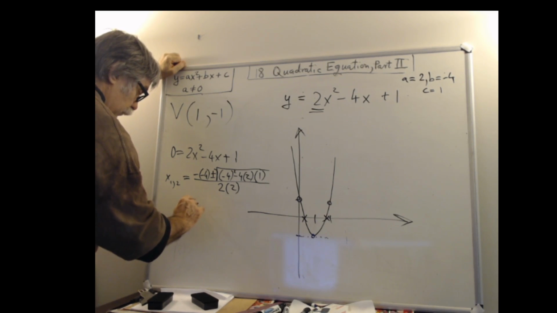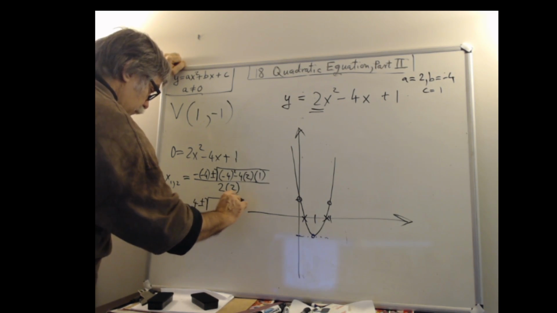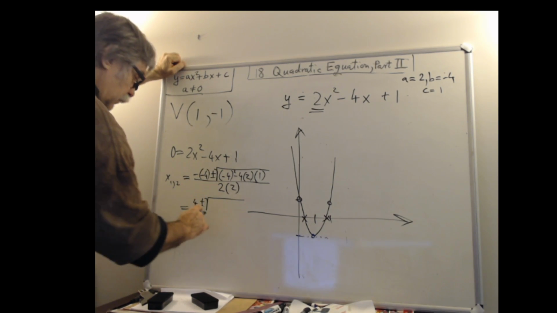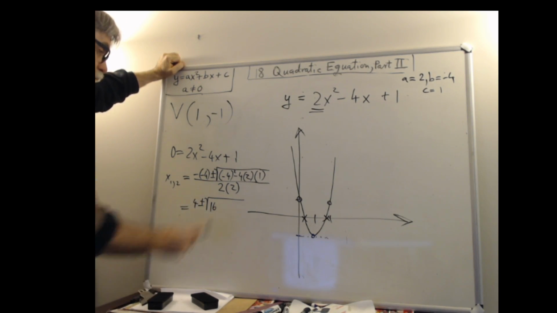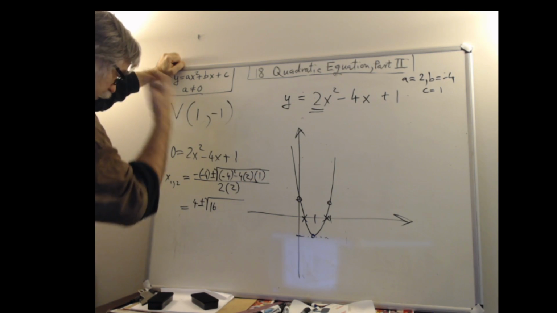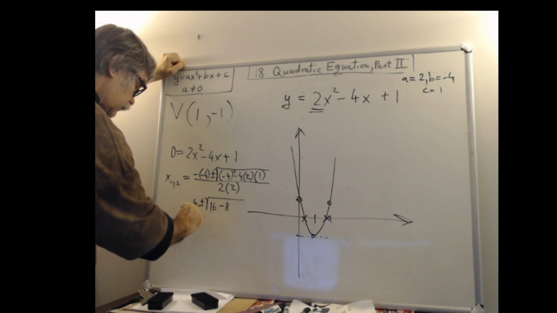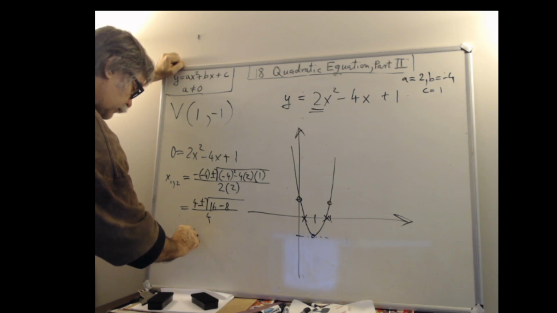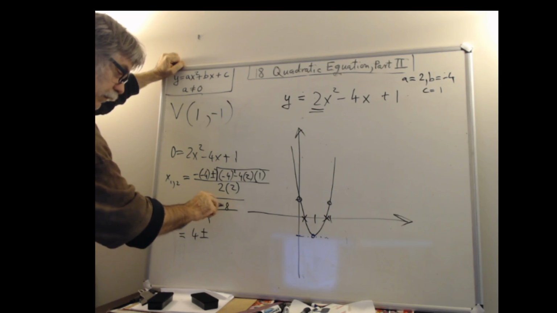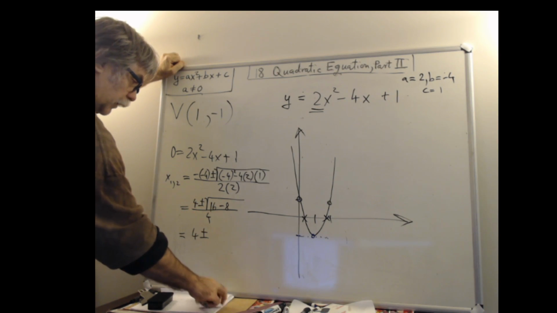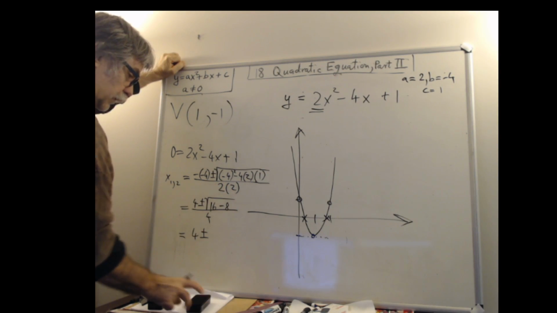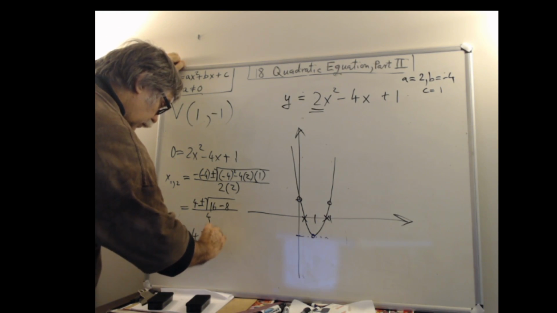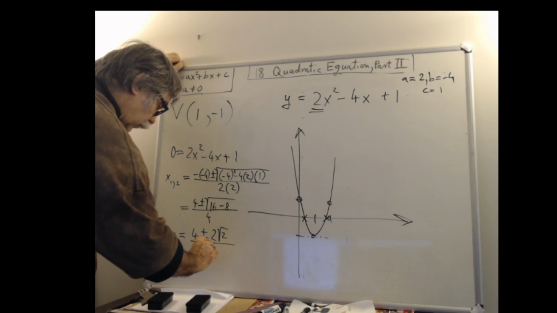I get 4 plus minus radical... let's see. 16, right? 4 times 2 times 1 is 8. Negative, divided by 4. So you get 4 plus minus radical 8 here, and I already did that today. Radical 8 is 2 radical 2. So I have 4 plus minus 2 radical 2 divided by 4.